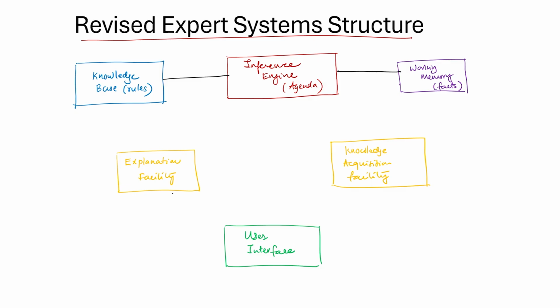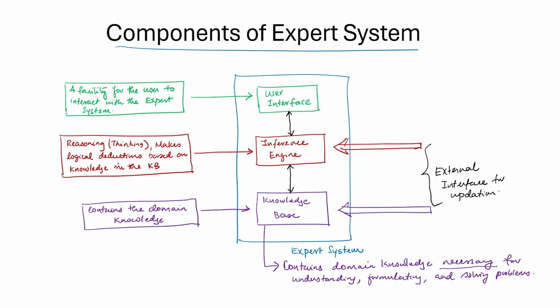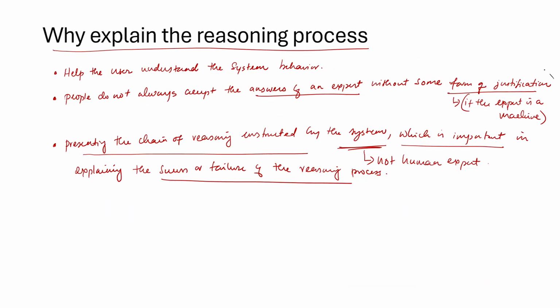The user interface is connected to this, the explanation facility is connected to the inference engine, in the same way, like this. Okay. So, if you look into the previous one, the original thought process was a linear mechanism. Now, we have revised this because we already mentioned that we need some justification, especially if it is a machine.